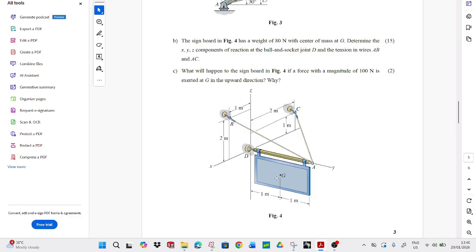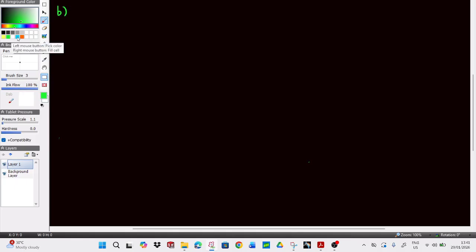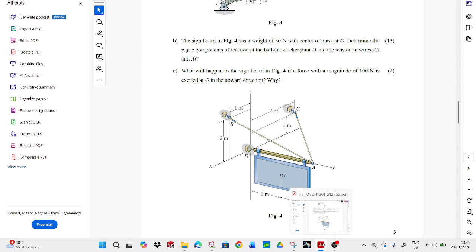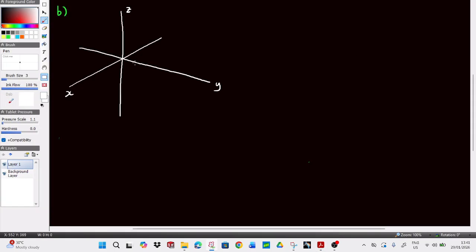So first things first, to approach this problem, always don't forget to draw your free body diagram. So let me draw my free body diagram real quick. Since it's 3D, we're gonna use the 3-dimensional axis. So this is your X, this is your Y, this is your Z. For this case, I'm gonna draw a signboard like this.